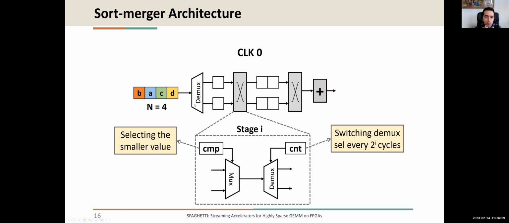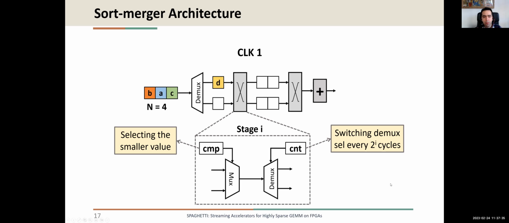That means that we can support an array of length up to 4, and within each stage we have a multiplexer with a comparator that selects the smaller value, and we have a demultiplexer with a counter that switches the demux output every 2 to the i cycle, where i is the stage number. So it is a pretty simple sorter component.